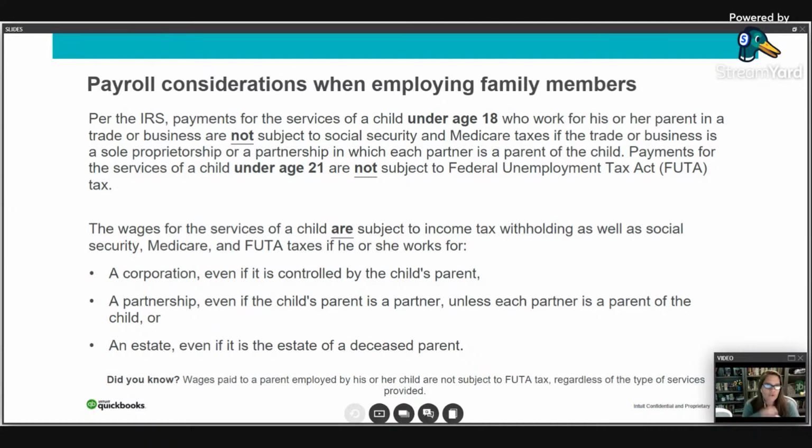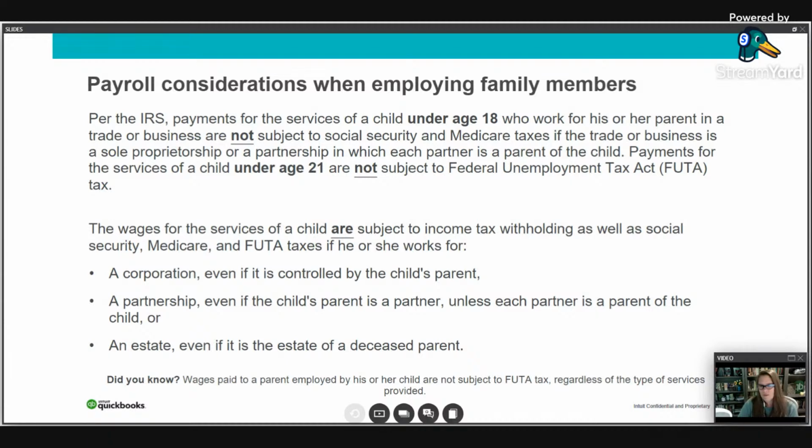Payments for the services of a child under 21 are not subject to federal unemployment taxes. They are subject to income tax withholding, and if it's a corporation, a partnership, or an estate, even an estate of a deceased parent, different rules apply. So you can take a look at all of this later.